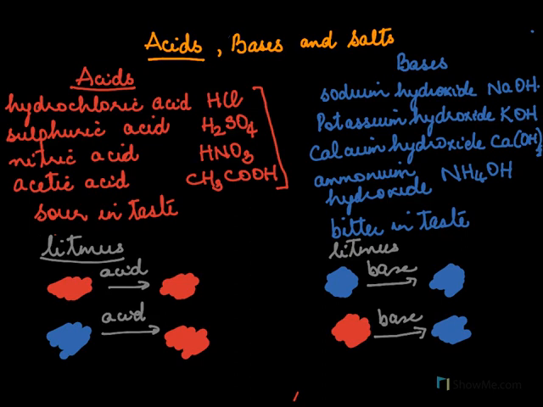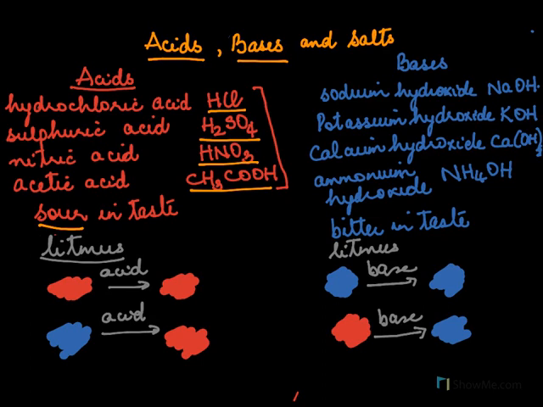So to summarize what we learned here, we learned about acids and bases and their different properties. Examples of acids were HCl, sulfuric acid, nitric acid, acetic acid. We said they were sour to taste. They kept red litmus red, but blue litmus turned red in the presence of an acid.